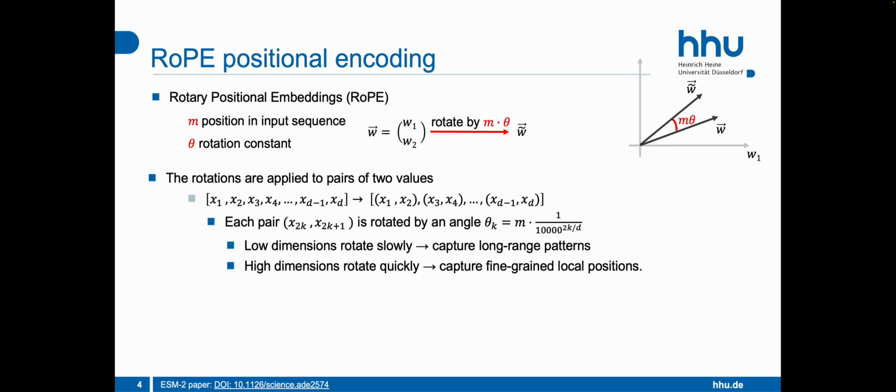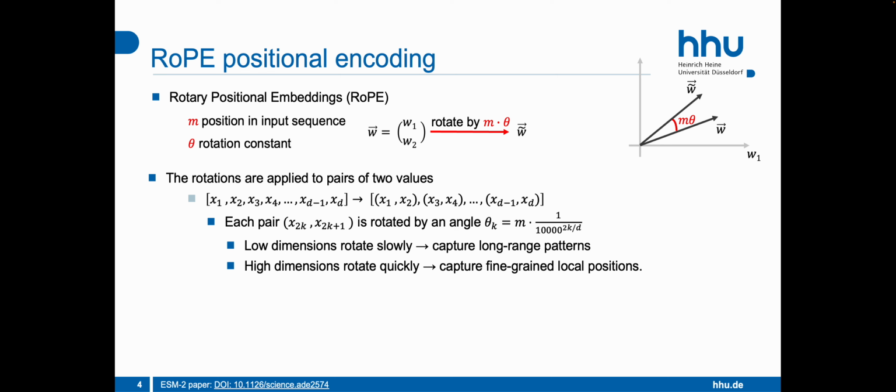Each pair is rotated by an angle that depends both on the token's position m and on the specific dimension pair. Lower index pairs or lower index dimensions rotate more slowly, while higher index dimensions rotate more quickly. So for example, we would rotate the pair x1, x2 in our d-dimensional vector not as much as the pair x_d minus 1 and x_d.